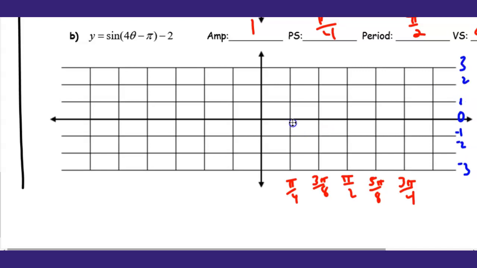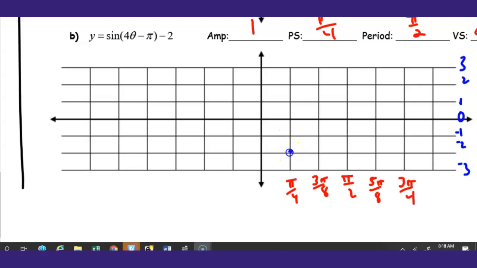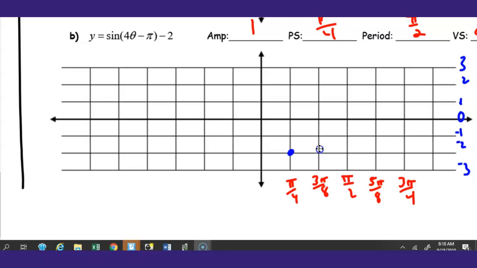So we have pi over 4, negative 2. 3 pi over 8, negative 1. Pi over 2, 0. 5 pi over 8, negative 3. And 3 pi over 4 right there. So there's your graph. So that's how you graph this problem.